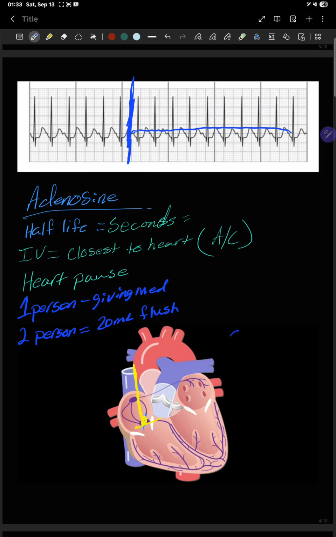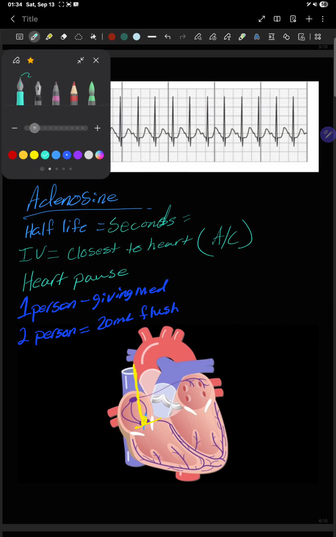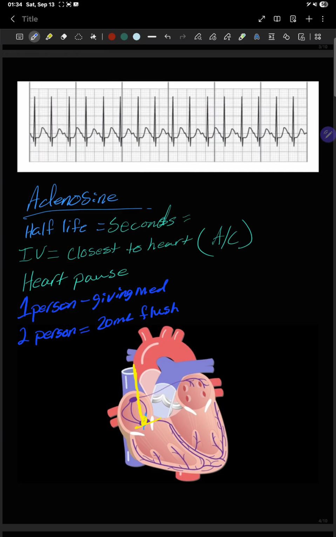So you'll have your SVT, and then you'll just get this pause right there that looks flatlined. And I mean, it is super scary watching this thing, praying to God that it restarts and we can get another QRS out of it. So when this patient comes out and we get a restart, we should hopefully have converted them and they'll go into a normal. Well, the protocol is for your first dose is 6 milligrams.